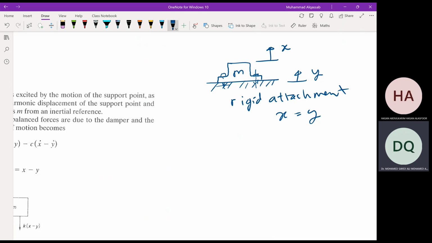But when you put the machine and fix it with a spring and damper, and this is the ground, I just assume the model is just a mass.